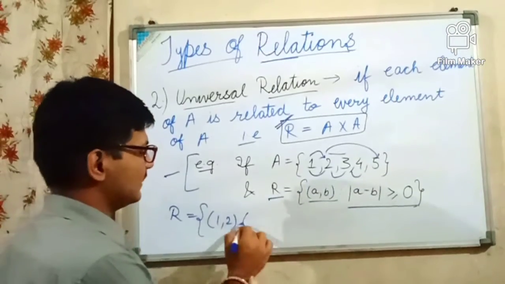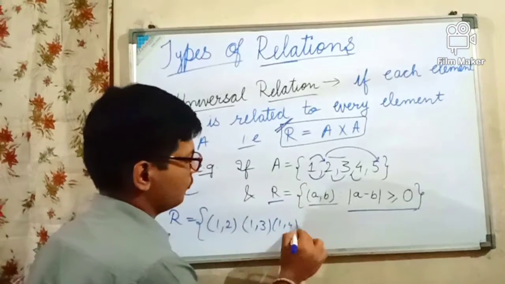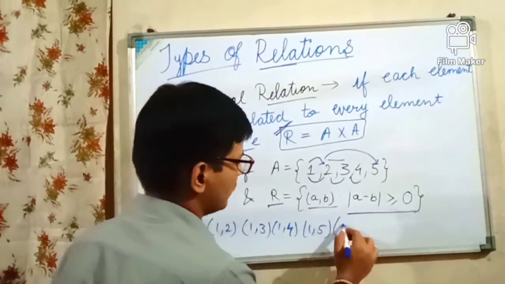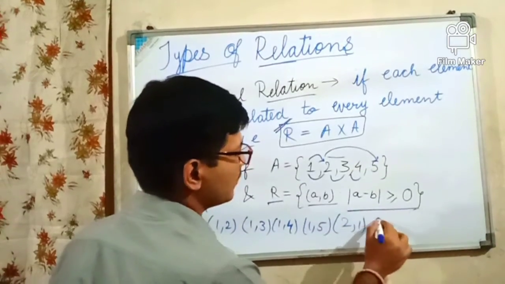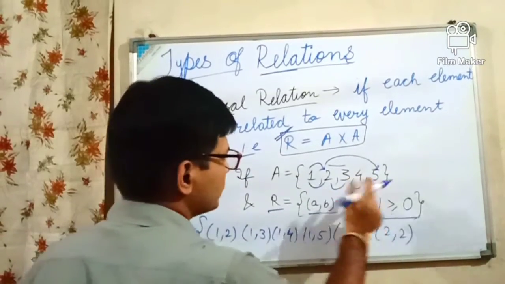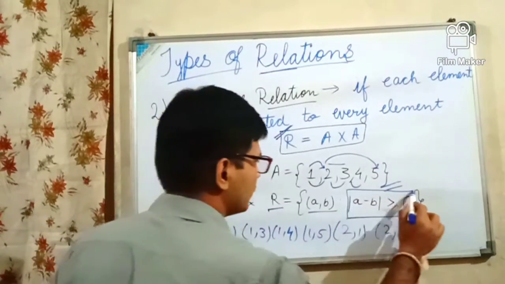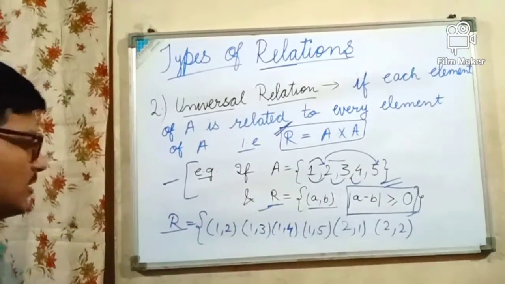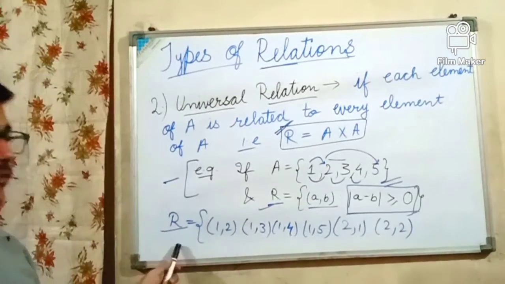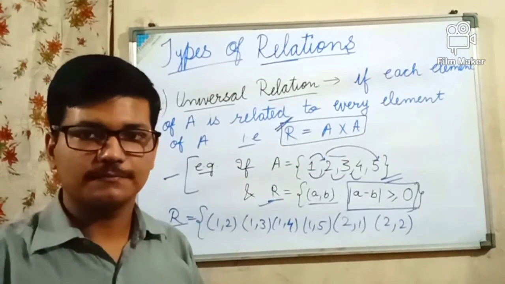So we see that (1, 2), (1, 3), (1, 4), (1, 5), similarly (2, 1), (2, 2), these all the elements of set A satisfy the condition of this relation, and all the elements belong to the set R. Such type of relation R is known as the universal relation.